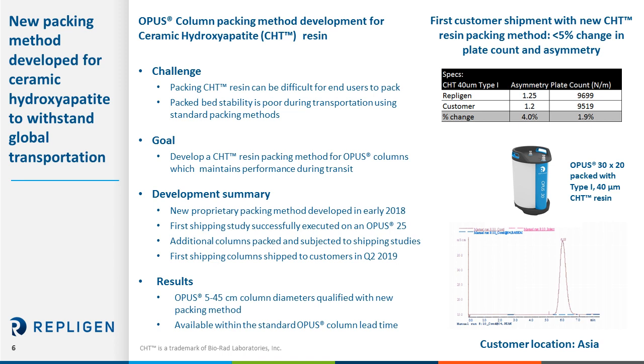The results, which I'll show in the next couple of slides with data, have enabled us to qualify OPUS columns from 5 to 45 centimeter column diameters with this new packing method.